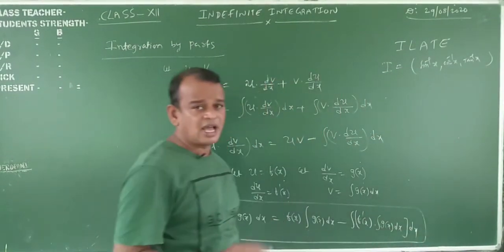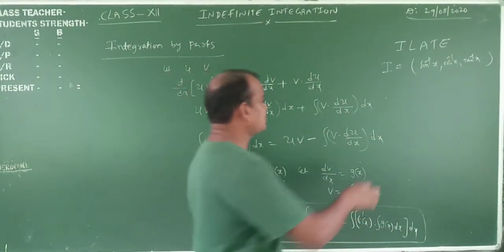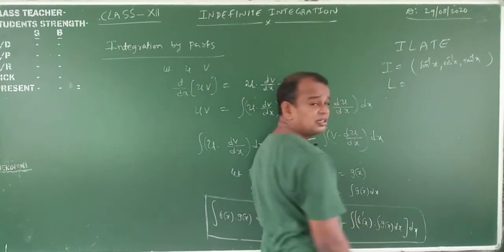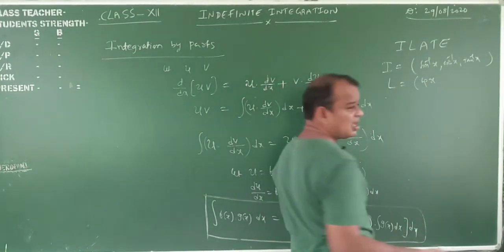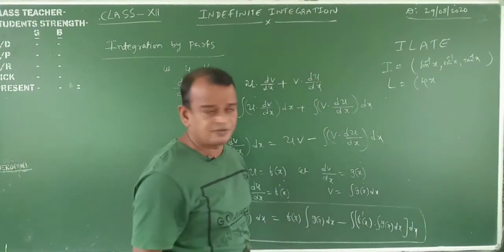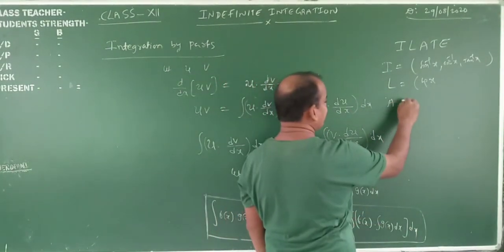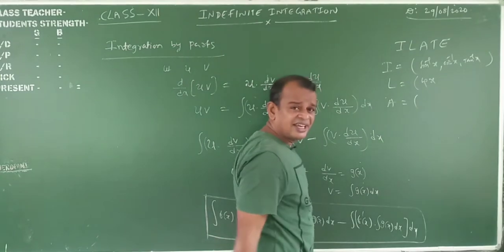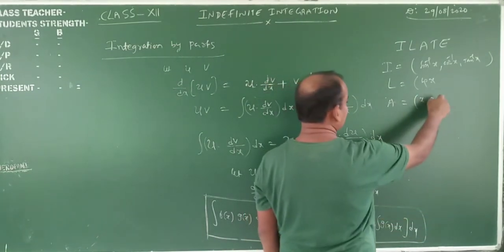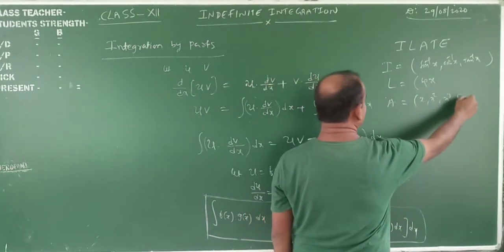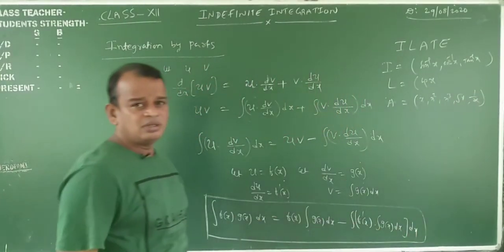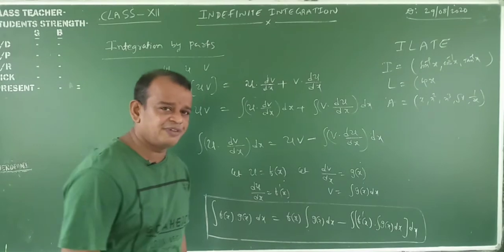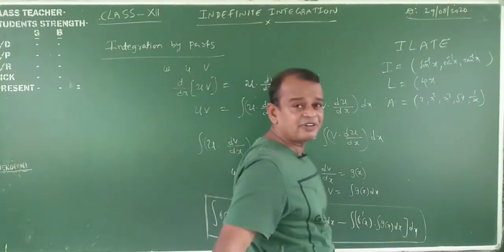L stands for logarithmic functions, meaning log x, log x whole square, log x whole cube. A stands for algebraic functions: x square, x cube, root x, 1 by x, and so on in terms of x, whatever may be fraction, those are the algebraic functions.